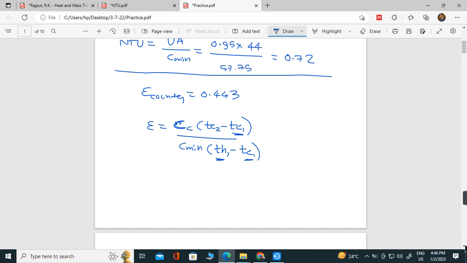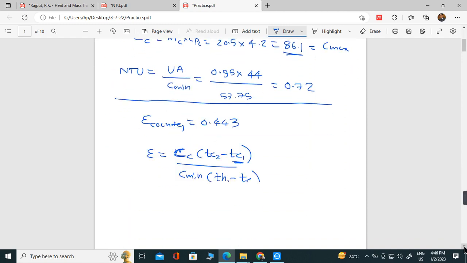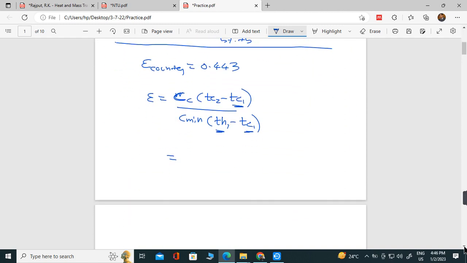So unknown would be only Tc2. So let us write down what is Cc. Cc क्या है हमारा, यहाँ पे लिखा है हमने, Cc हमारा 86.1 है ना, यहाँ पे 86.1. तो यहाँ पे हम लिखते हैं Cc हमारा 86.1. Tc2 हमें फाइंड आउट करना है ना.